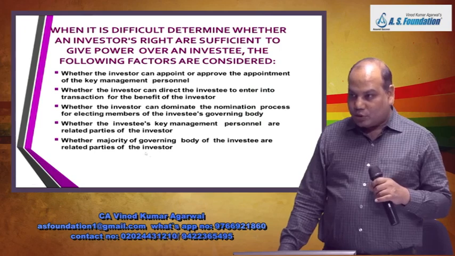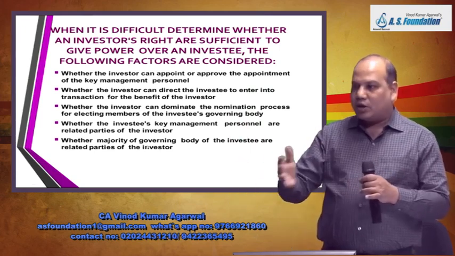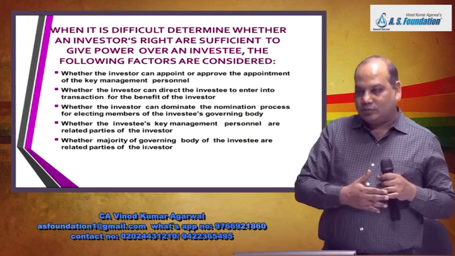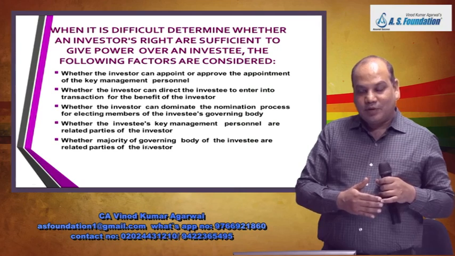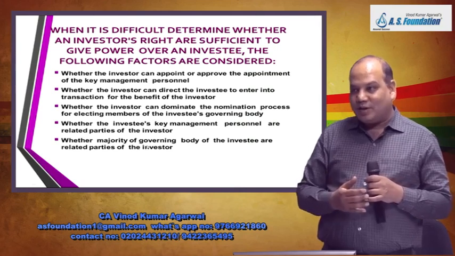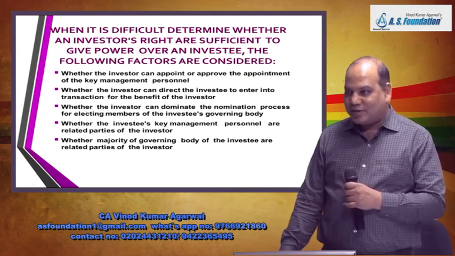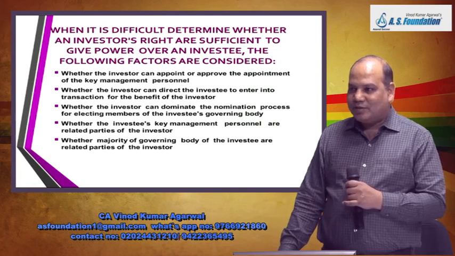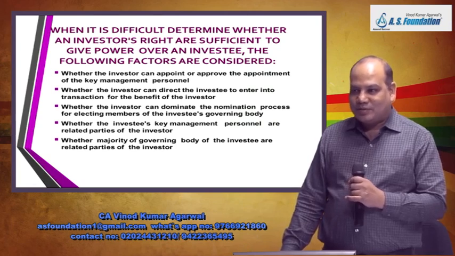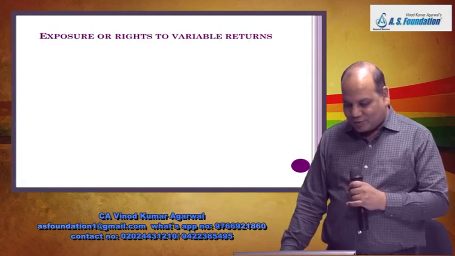That is also a sign. Majority of the directors are KMP of this company. KMP is a related party. Under Ind AS 24, para 9A3, is it right? 9A3, 3 related parties in 9A and 8 related parties in 9B. Tomorrow I will ask you to check whether you remember or not.